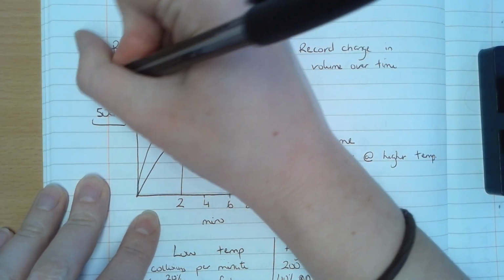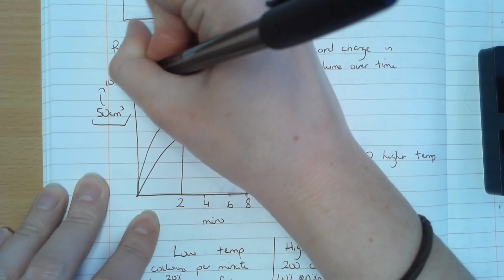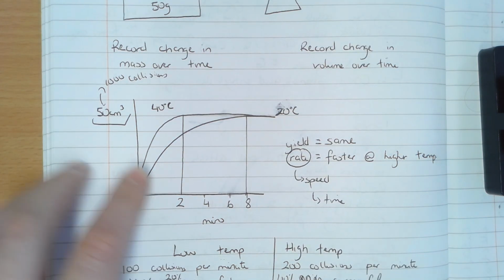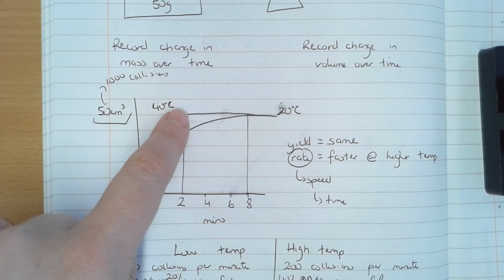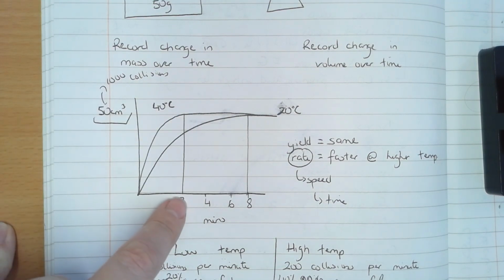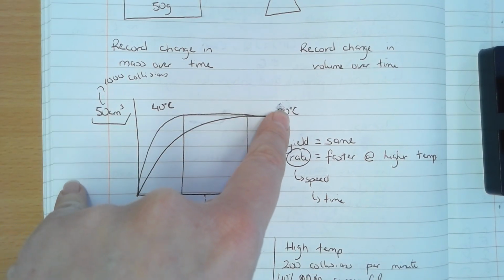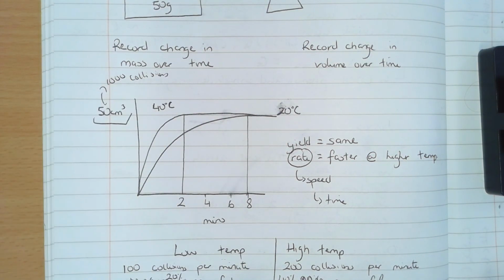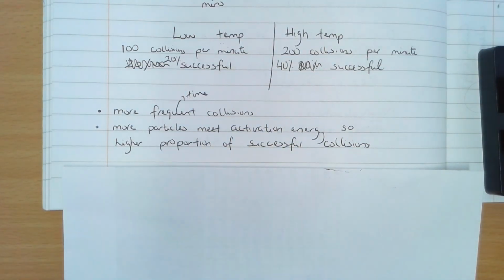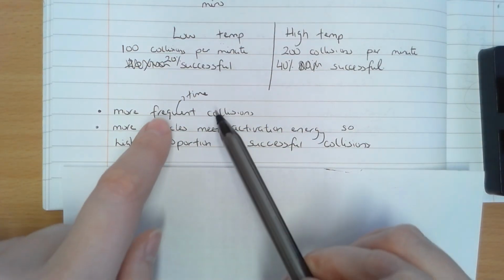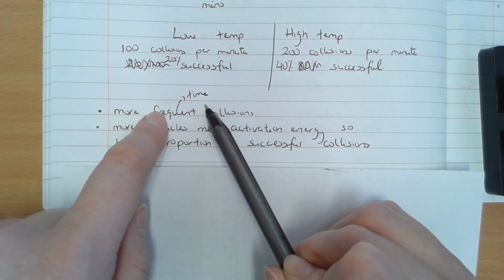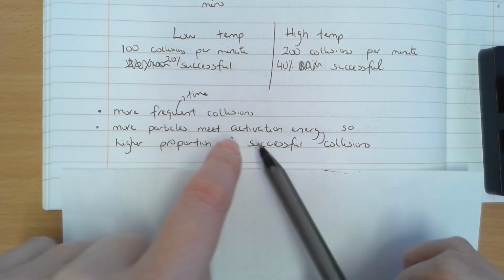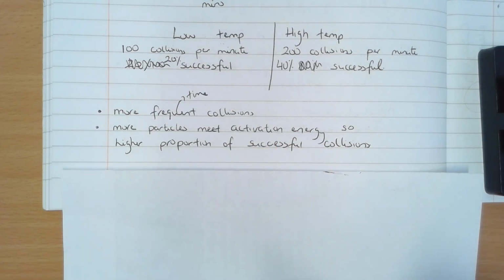So let's just say the magic number is 1,000 successful collisions in order to get 50 centimeters cubed. At high temperature they hit 1,000 after 2 minutes, but ultimately at 20 degrees I'm still able to get to the same number of collisions. It just takes longer, and that has to be reflected in your answer. So more frequent collisions, not more collisions, and here a higher proportion of successful collisions means I get there quicker, but the number is ultimately exactly the same.